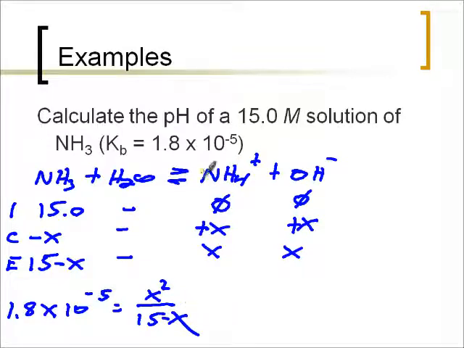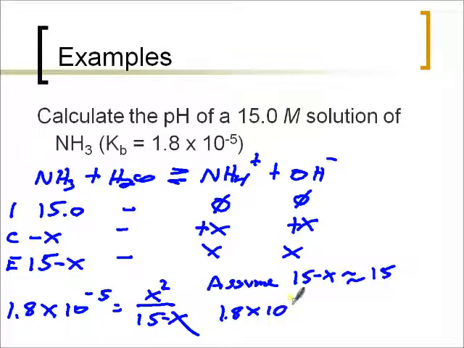A big X. Okay, so I'm going to assume that 15 minus x is equivalent to about 15, because since my Kb value is a very small number, I can make this assumption. So really, I'm going to have 1.8 times 10 to the negative 5 equals x squared over 15.